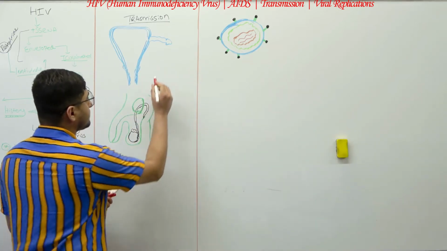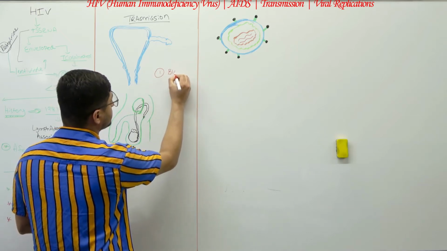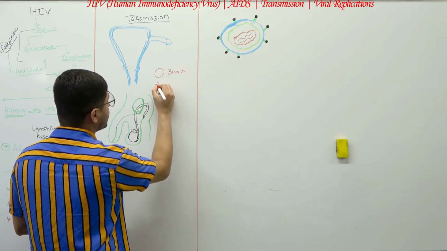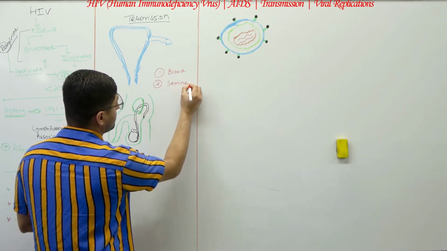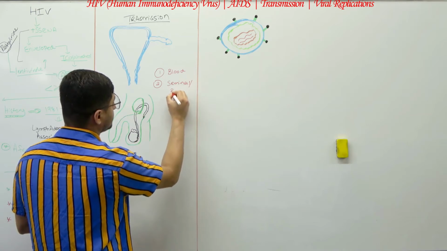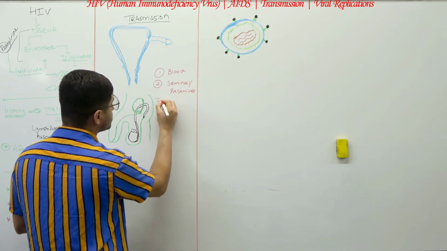The high content fluid, number one, obviously is your blood. Second is seminal fluid, or pre-seminal fluid before ejaculation.